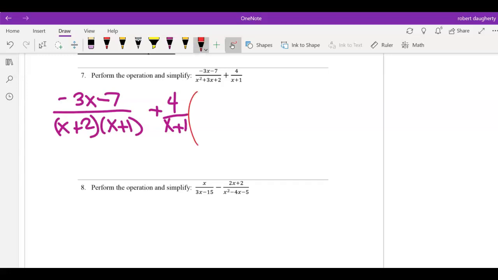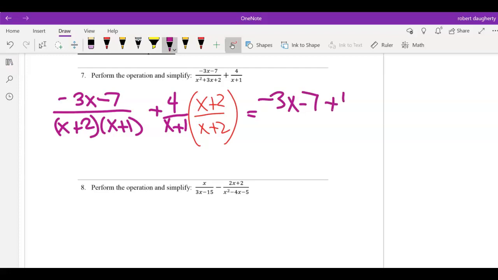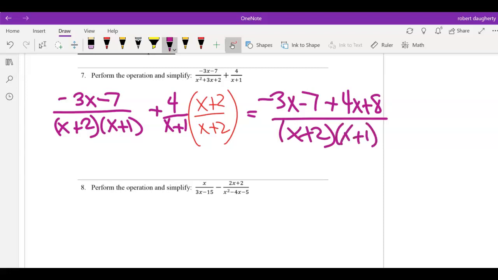So I need to multiply this second term by x plus 2 over x plus 2. That's going to give me the common denominator. So I'm going to end up with negative 3x minus 7 plus 4x plus 8 divided by x plus 2, x plus 1.